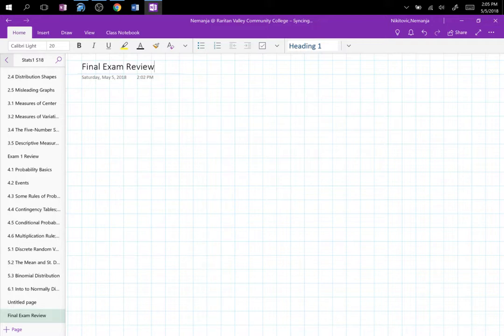The bulk of the material is in chapters 3, 4, 5, and 8 and 9 in some sense, but then also 5, 6, 7 will be featured as well.